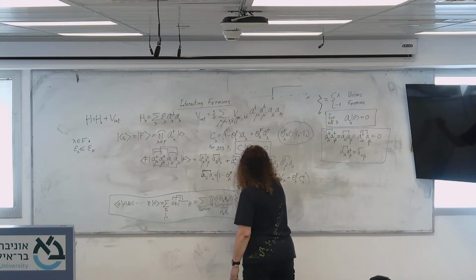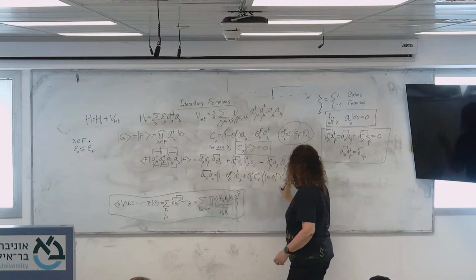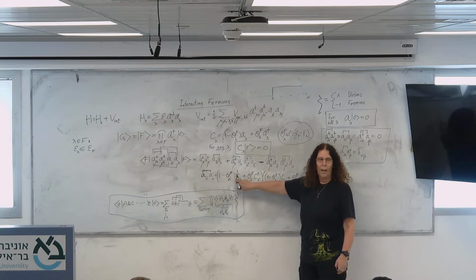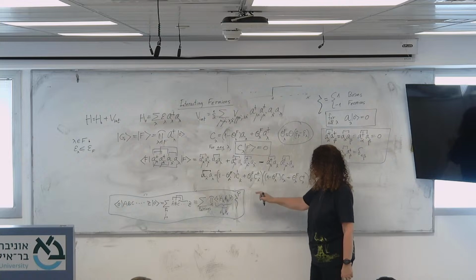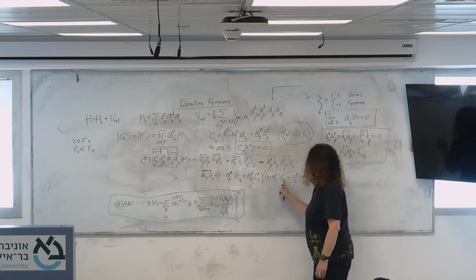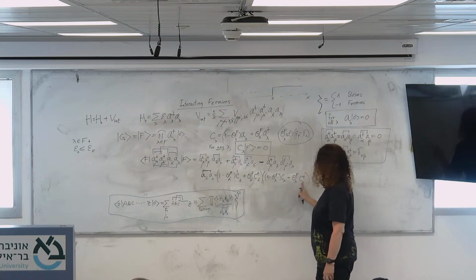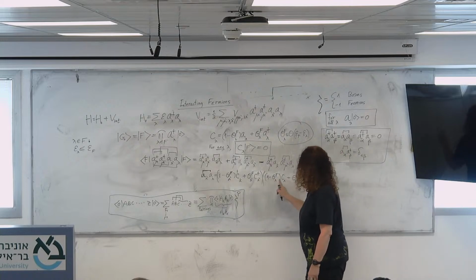And I'm contracting this. So if I contract two annihilation, now the C's are really annihilation and creation. So C and C gives me 0. C dagger C dagger gives me 0. C dagger C gives me 0.